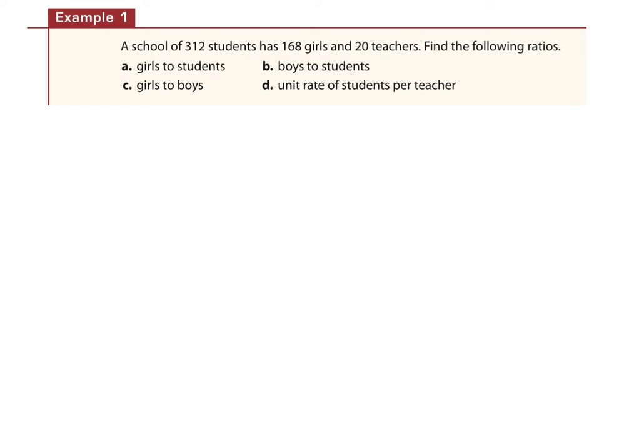A school of 312 students has 168 girls and 20 teachers. Find the following ratios. So the first thing they ask for is girls to students. Well, that ratio is going to be the number of girls, 168, compared to the number of students, 312. This one actually does reduce. For every 13 students, you have 7 girls, okay?